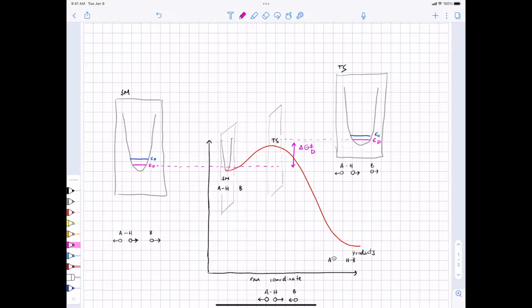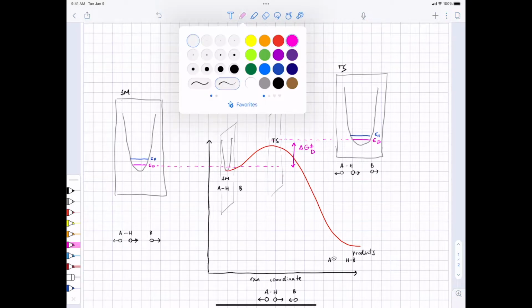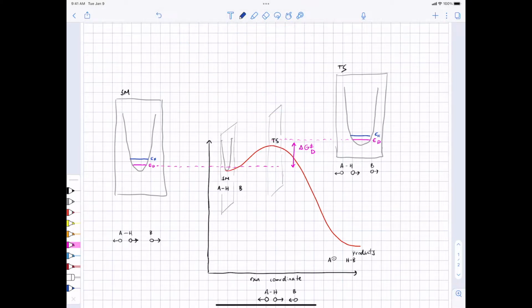I'm not sure if it's actually delta G we're using, but we need a different symbol than just E because we're already using that. Is that all right? So we're going to do something similar now with the hydrogen energy. Take a dotted line here, and this dotted line here, and this is the activation energy for hydrogen.